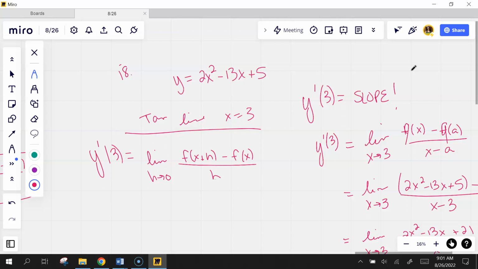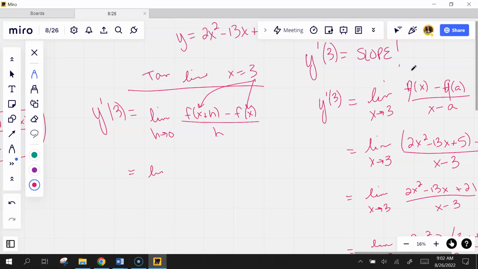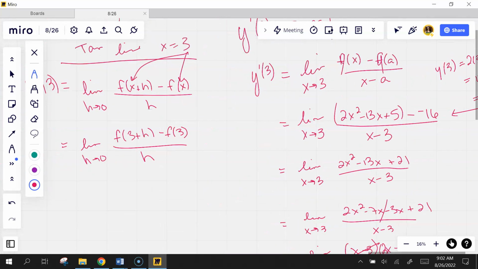But I'm doing this at 3. As h goes to 0, f of 3 plus h minus f of 3 over h. I guess it should be y of 3, but that's okay. I already found y of 3 and it's -16.